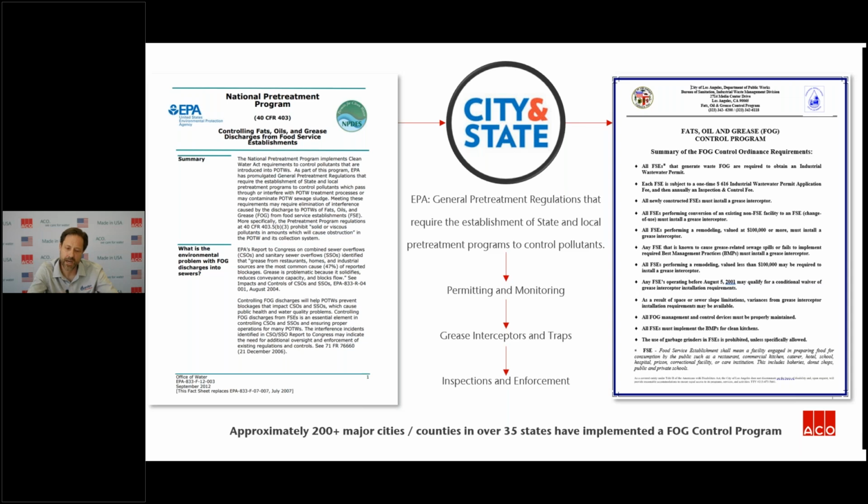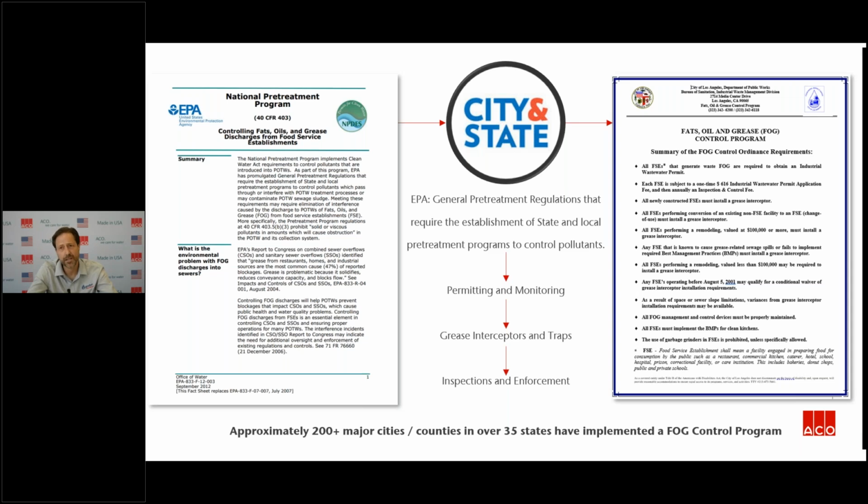One of the big pieces of actually dealing with FOG, and you'll see this a lot, and this is where I will start to focus in, is devices and technologies that intercept grease, right, before it gets out into the waterways. And then ultimately inspection and enforcement is another big piece of it.